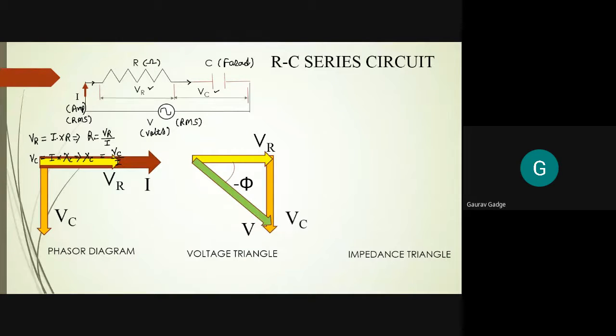So what we can write from this, for an RC circuit, is that voltage lags current by phi, or current leads V by phi. So for a pure capacitor, current leads voltage by 90 degrees. But for an impure capacitor, this is the difference: for pure it is 90, for impure it is phi, and that phi may change depending on the values of R and C.